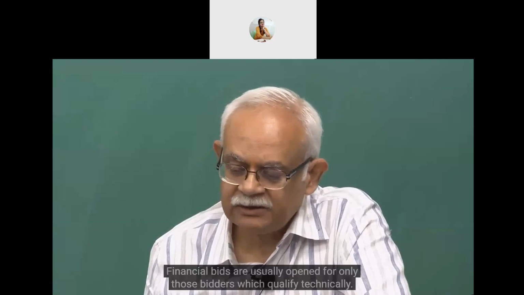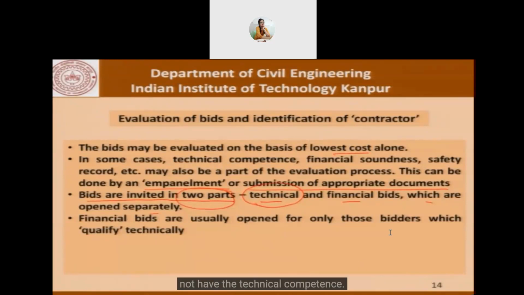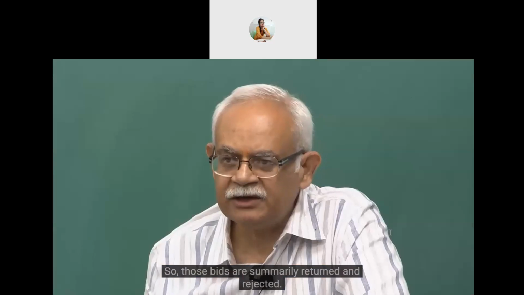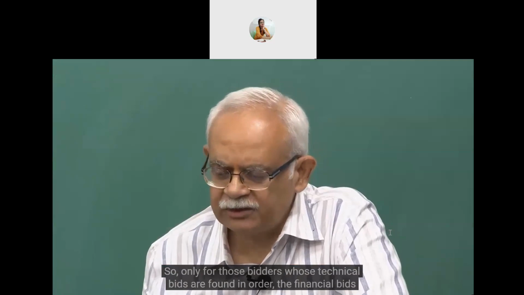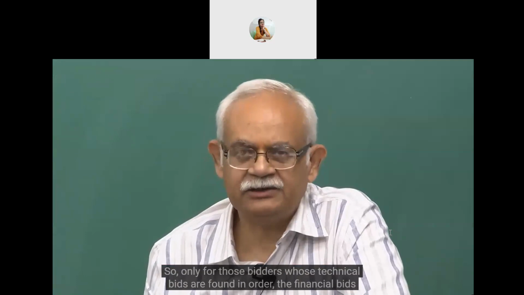Financial bids are usually opened for only those bidders which qualify technically. It makes no sense for us to even know what was the bid of a bidder who does not have the technical competence. So those bids are summarily returned and rejected. So only those bidders whose technical bids are found in order, their financial bids are opened.